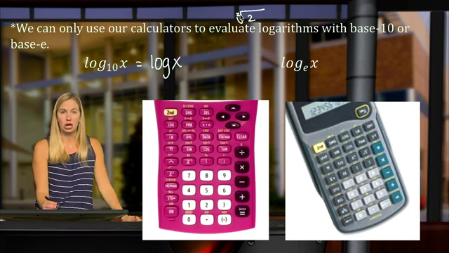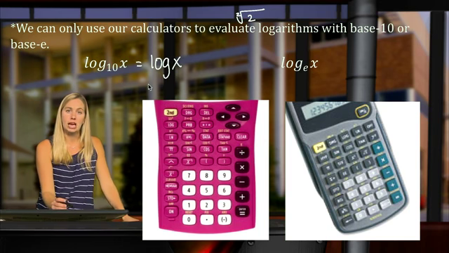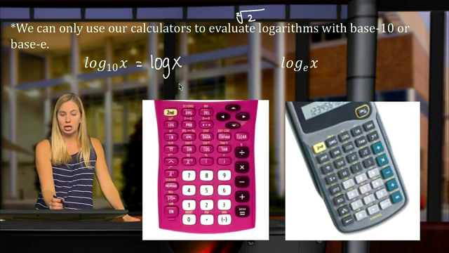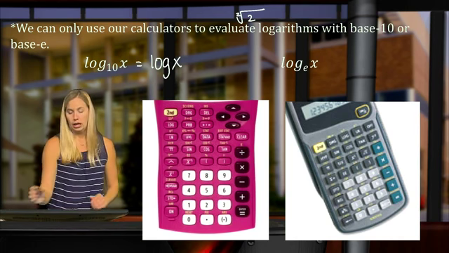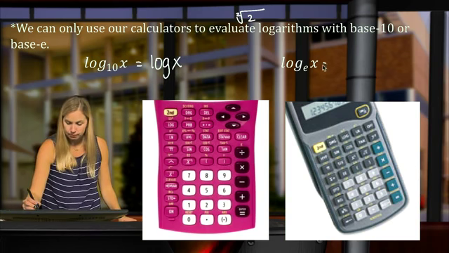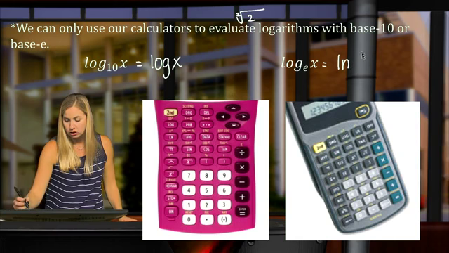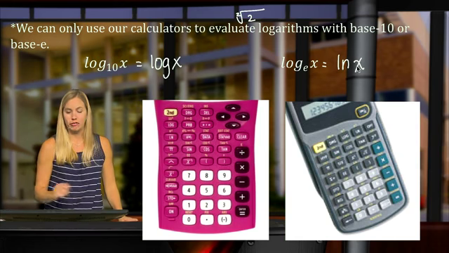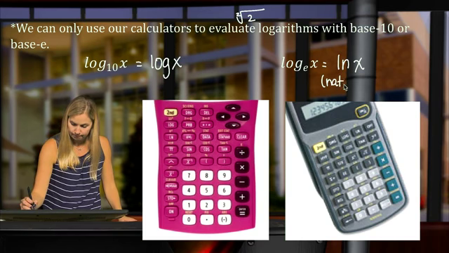It's just understood. Same thing here. When we just have log of x, it's understood that the base is 10. Log base e of x, when you've got that natural number as our base, is actually called the natural log of x, written ln of x.